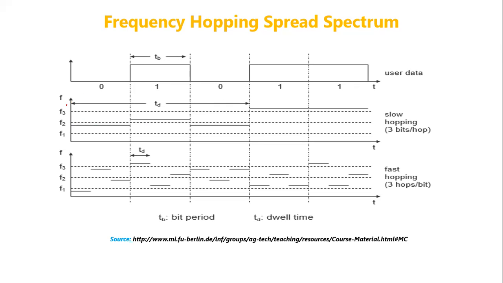The transmitter is using the frequency f2 to represent a 0 or a 1.